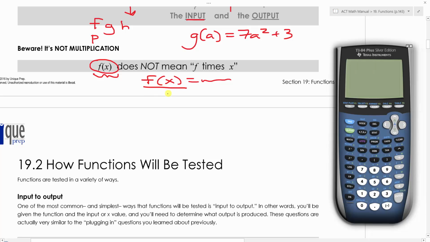In other words, you cannot divide both sides of this equation by f to cancel those f's. You can't divide by x to cancel those x's. You cannot do this. So if you see f of x, those things are inseparable. That is one single entity.